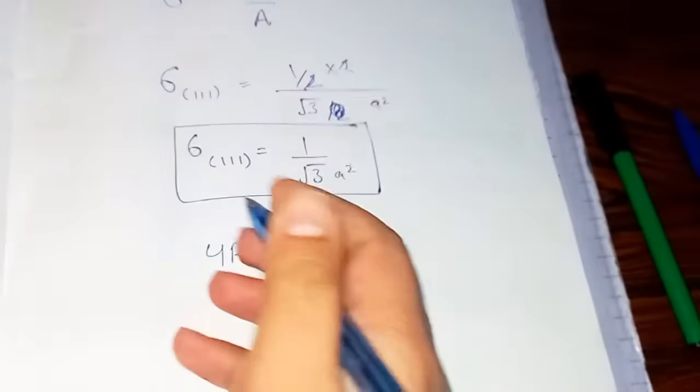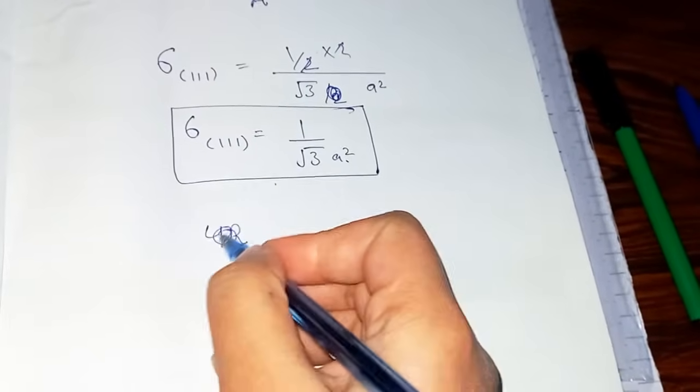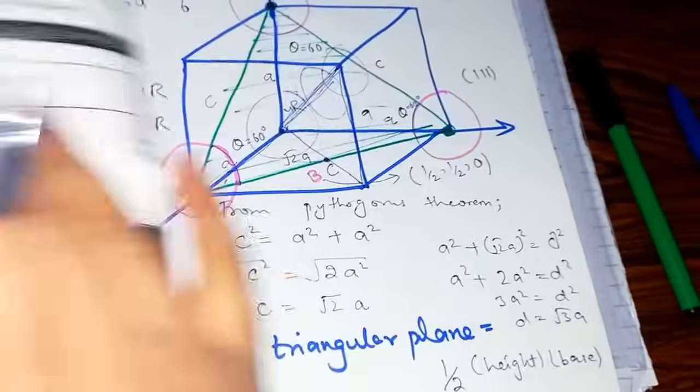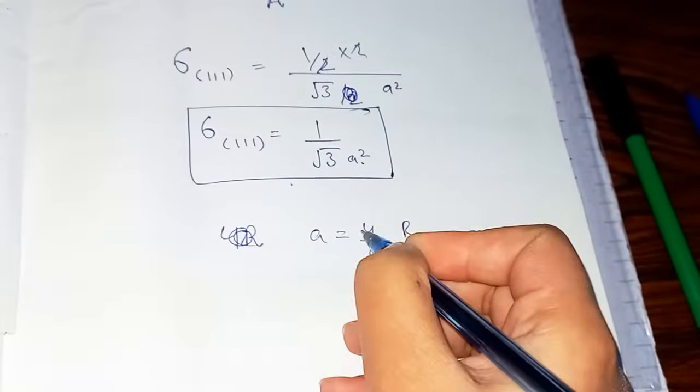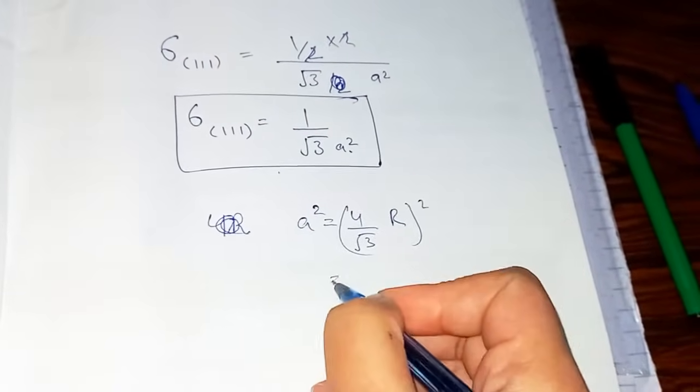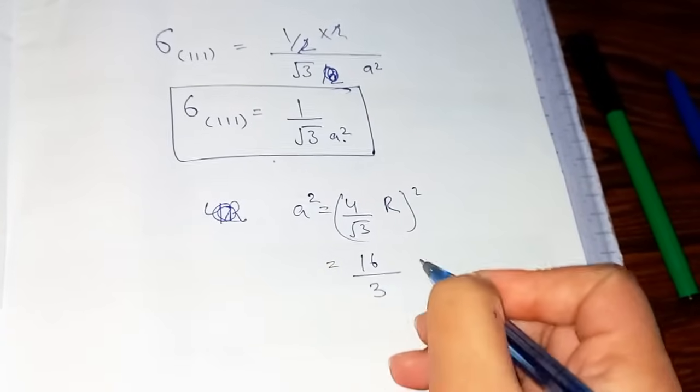So we can put the value here to get a equals 4 by root 3 r, squaring both sides to get the value of a squared. It's 16 by 3 r squared.